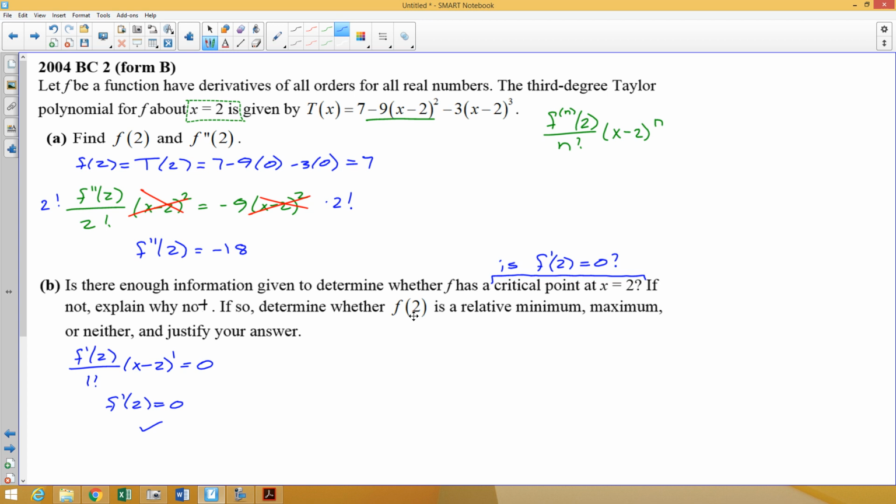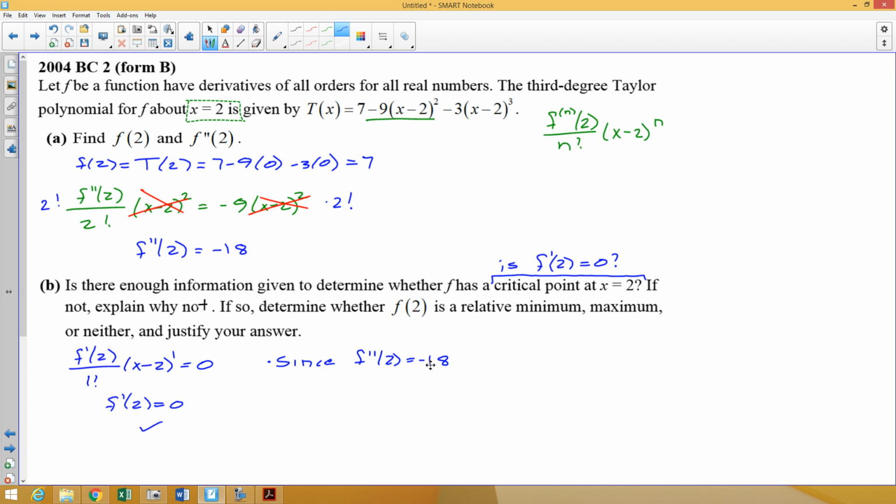Now we need to justify the local extrema activity of the function at x equals 2. The easiest way to do this one is to look up at part A. In part A, we already established that f double prime of 2 is negative 18. Since f double prime of 2 is negative 18, that tells me that at x equals 2, the function is concave down.